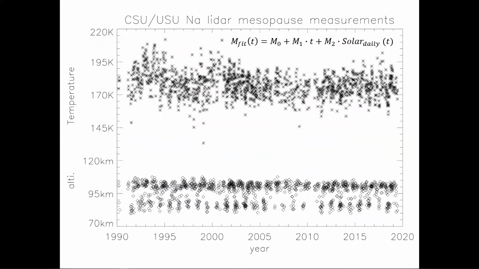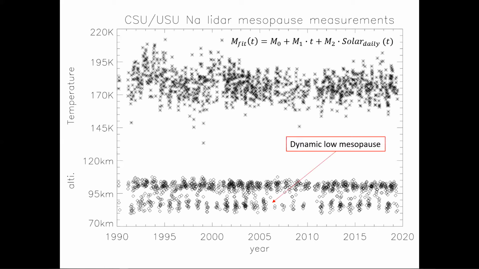This plot shows the 30 years of LiDAR measurement of the mesopause temperature, which is the top part, and the mesopause height change over the 30 years period, and you can clearly see the mesopause height identifies two groups of mesopause.